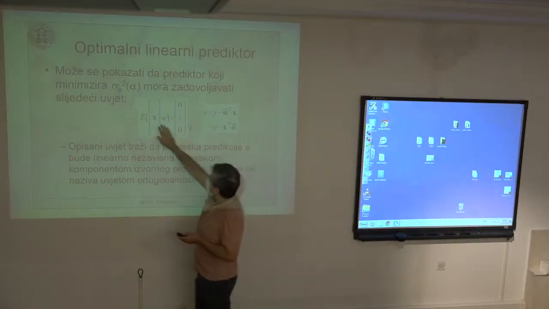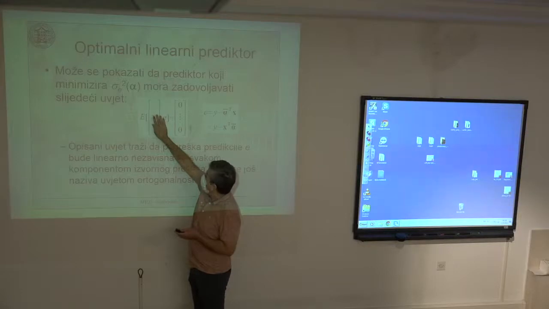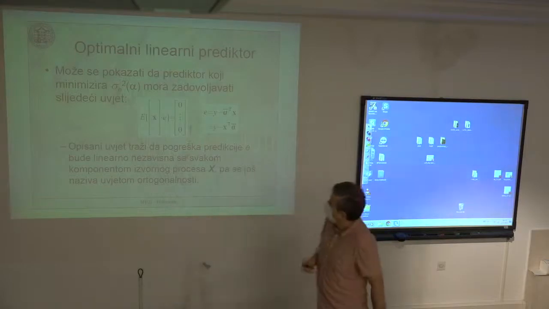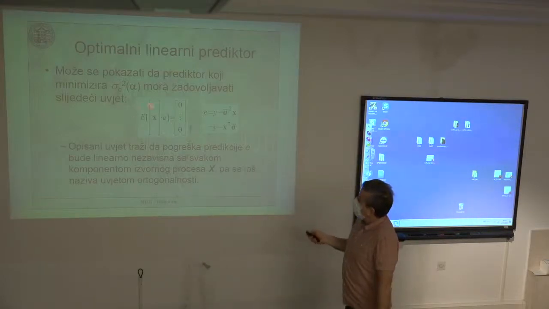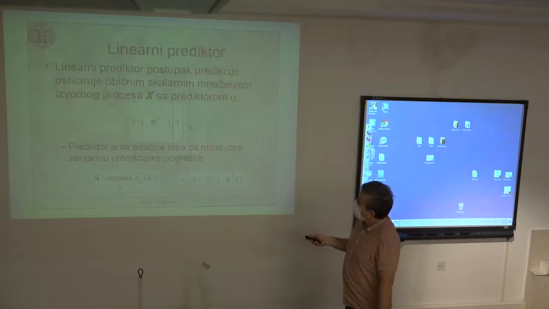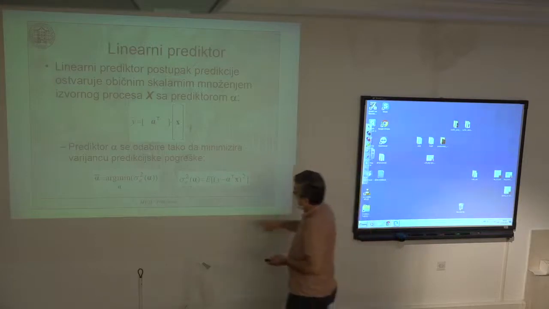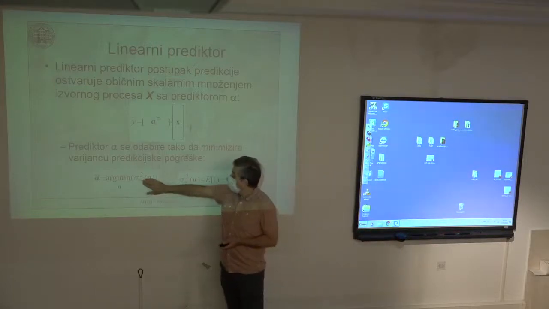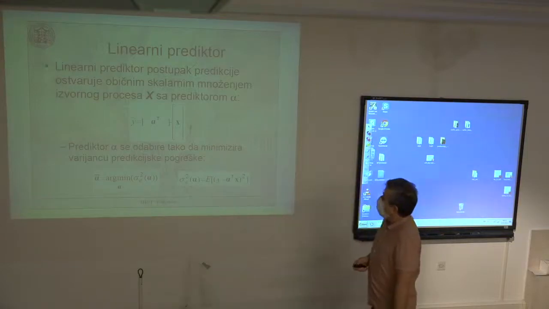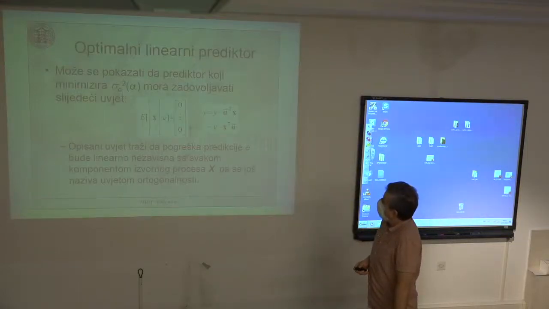And then I'm requiring that this expected value of the product, source vector multiplied by the corresponding prediction error, must be a null vector. Only in this case, I have the optimality condition fulfilled. So it will really be the solution that minimizes the prediction residual variance.